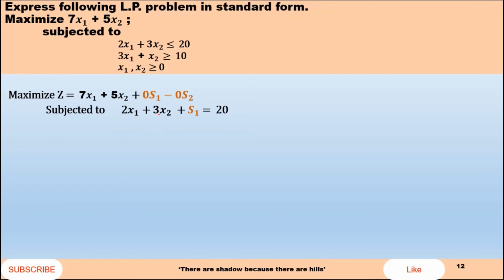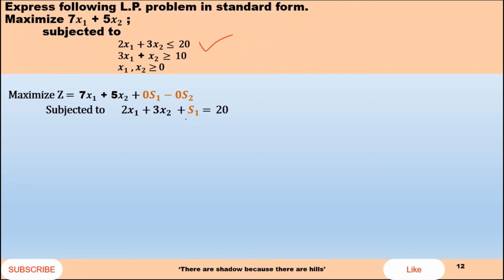First is 2x1 plus 3x2 plus s1 equal to 20. What this indicates is that you can use a maximum of 20 units of resources, right? You cannot exceed that limit. So in case the decision variables are such that the consumption of this resource is only 18 units, what about the remaining 2 units?